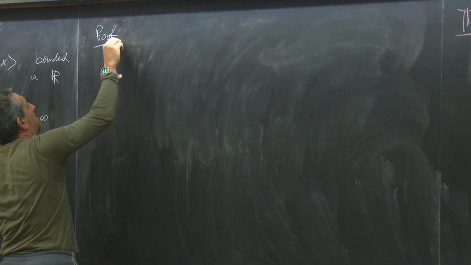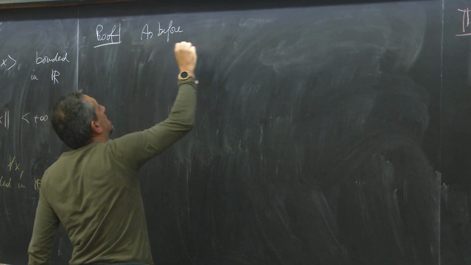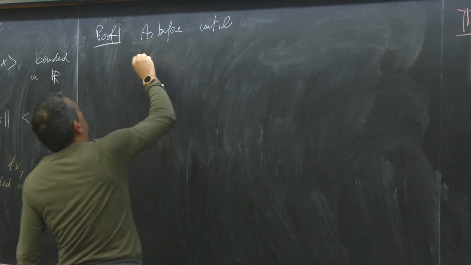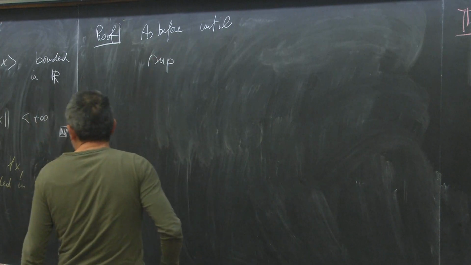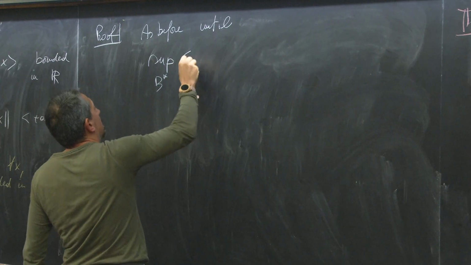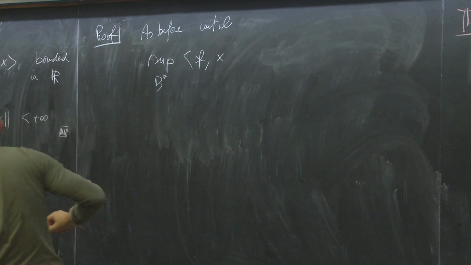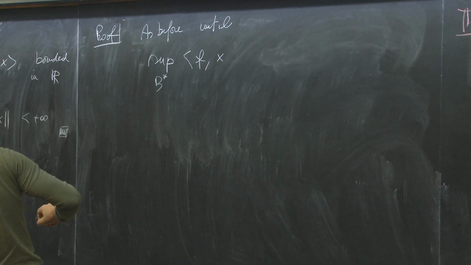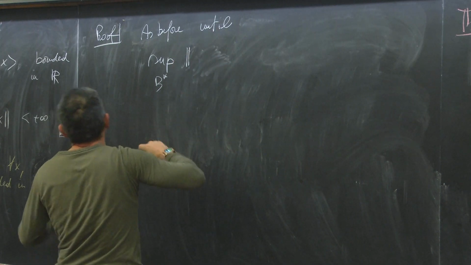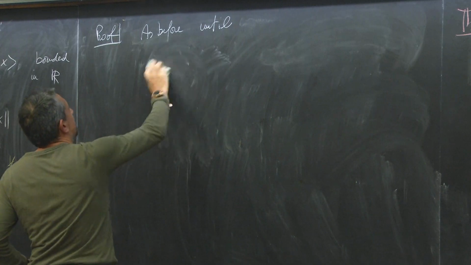The proof is the same as before until what we get is the supremum over B star of the norm of the linear operator.